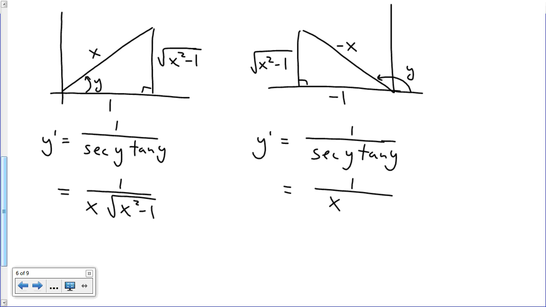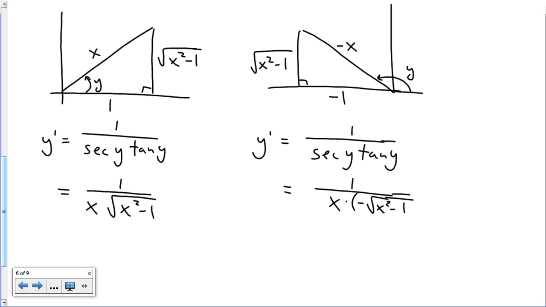The tangent of y, though, this time is going to give me that square root of x squared minus 1 divided by the negative 1, the opposite over the adjacent side. So now this is actually a negative square root of x squared minus 1. Instead of dividing by a negative 1, let me fix that, I'll just put the negative 1 out front there.